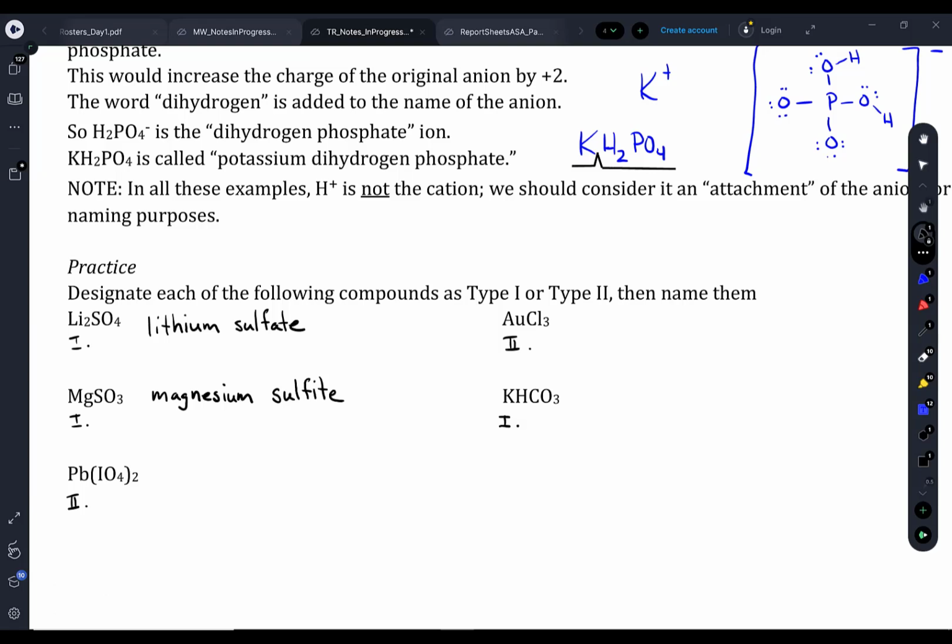Okay, lead, on the other hand, we need to know its charge. Okay, IO3 is iodate, right? So IO4 is periodate. Good.